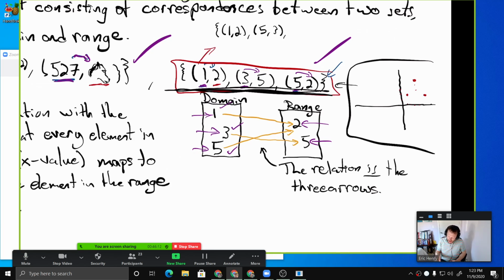So you're proposing keeping these here and adding 5 comma 3 to it, I think. Now, is that relation a function? What do people think? Is this relation right here a function?